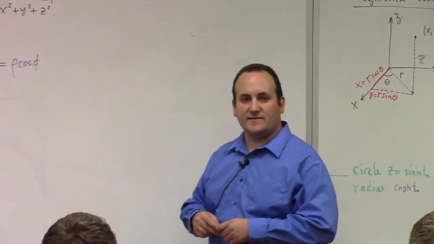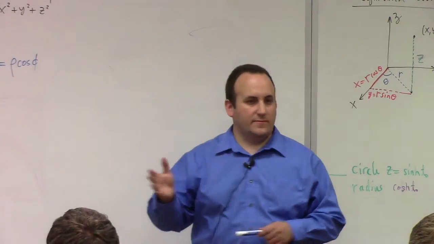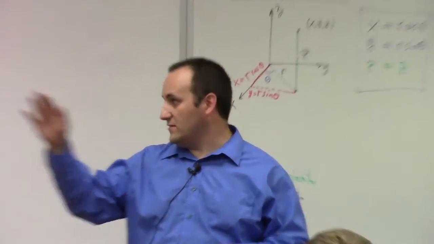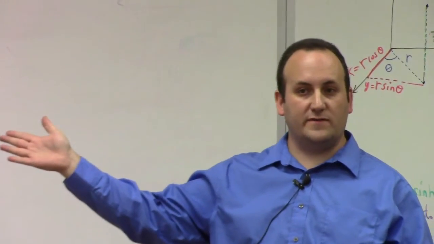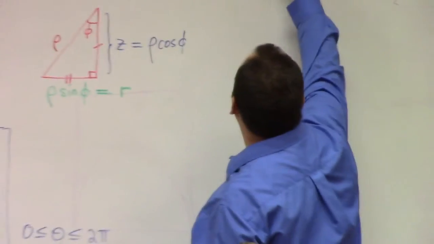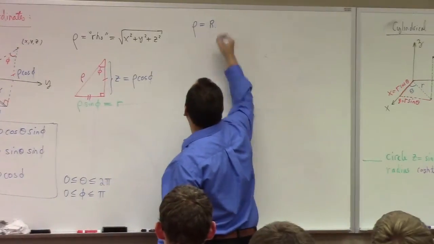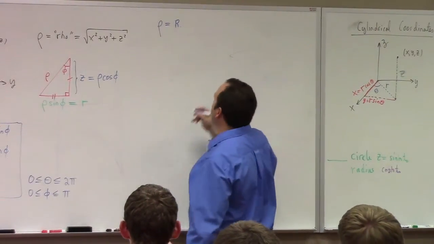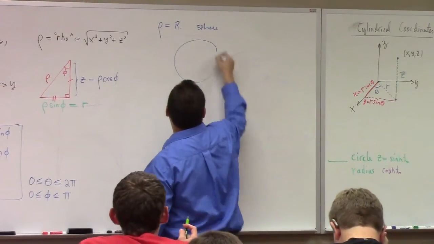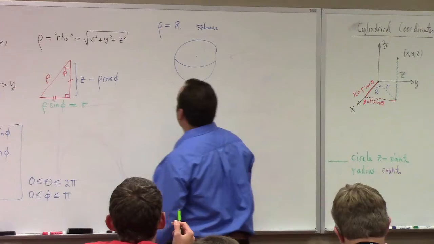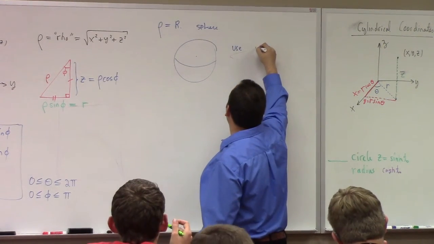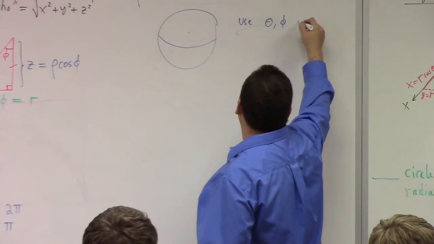So what would I ask then? There are 3 variables, 3 different coordinates here that you can freeze and ask what the geometry is. If I freeze rho, what do I get? Yeah, it's a sphere. So on the sphere, I would use theta and phi as parameters.